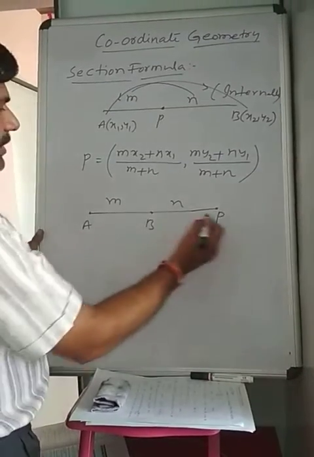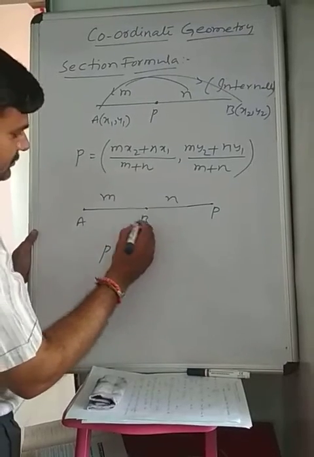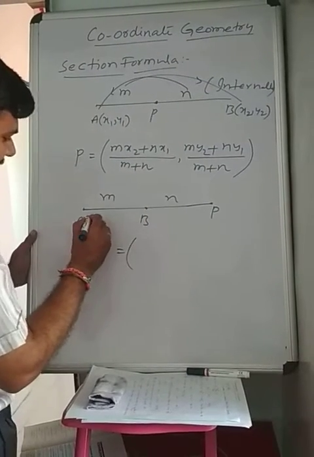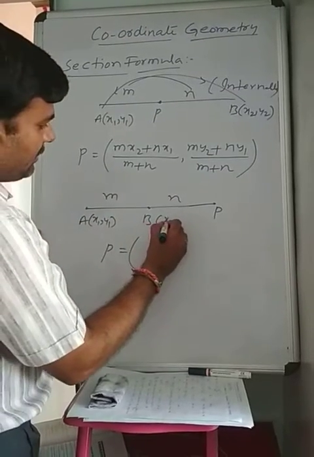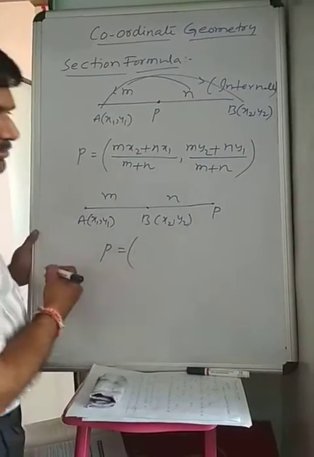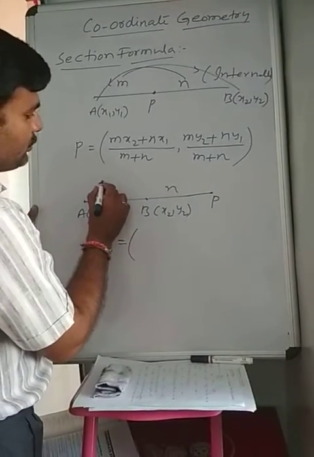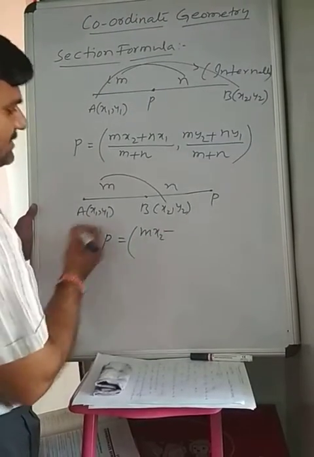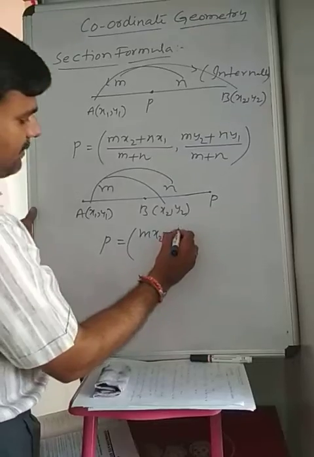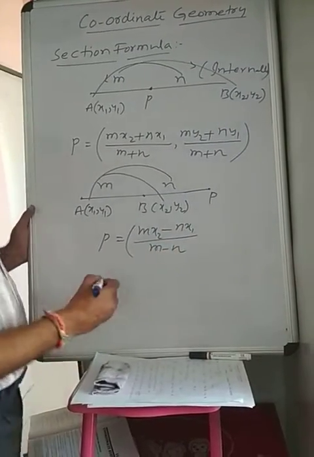So now the coordinates of P, with points A (x1, y1) and B (x2, y2), are (mx2 minus nx1) divided by (m minus n).